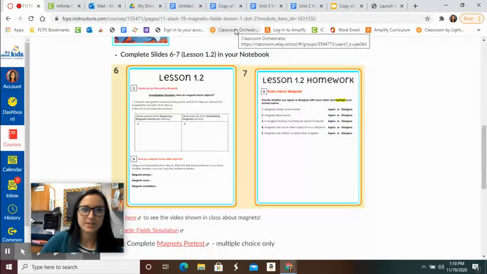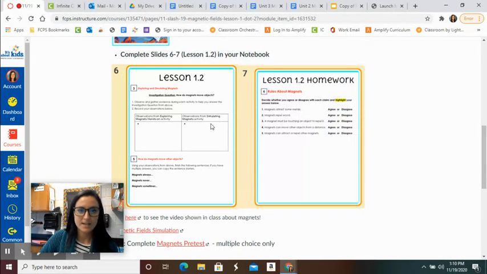So I'm going to go out to the notebook. So you will see in the notebook, the first slide you're doing is slide 6. And our investigation question was, how do magnets move objects? And you're going to see that there is a box here. The first box is for hands-on, and then the second box is for the simulation.